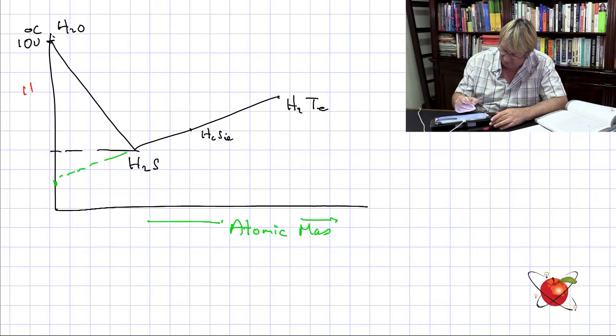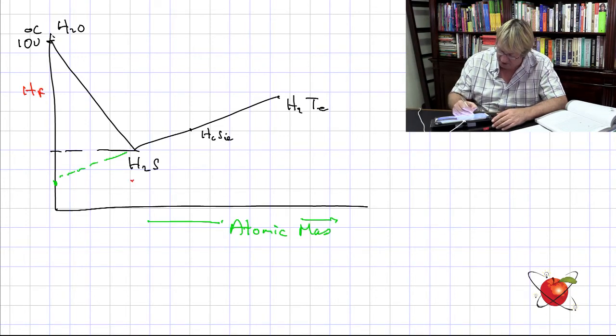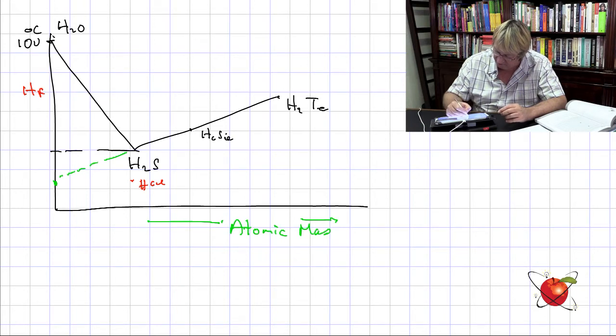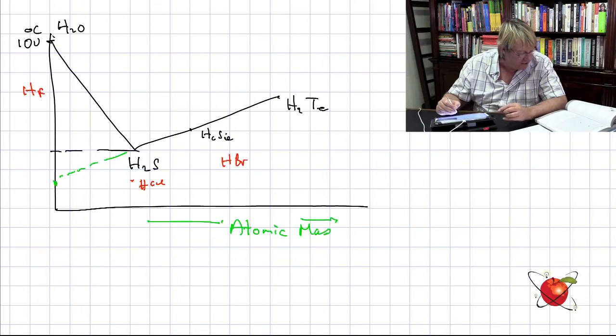You will also see on the table not only those, very often they put in these as well, right? Let's have a look at this one. HF, HCl, HBr and HI.